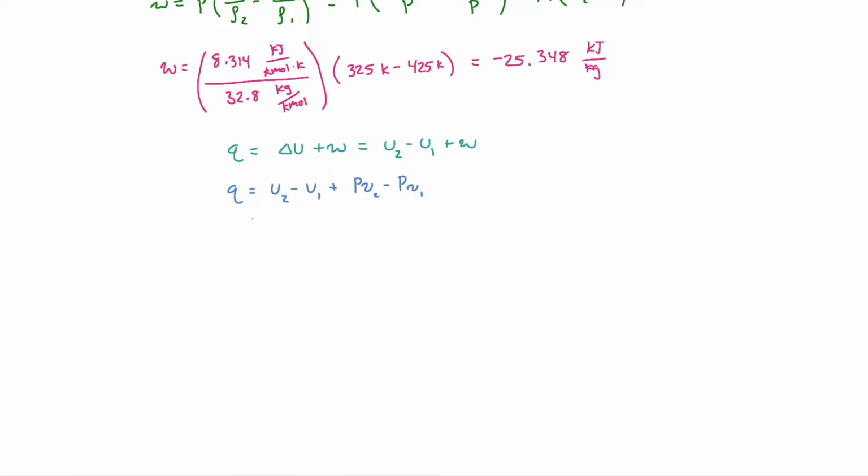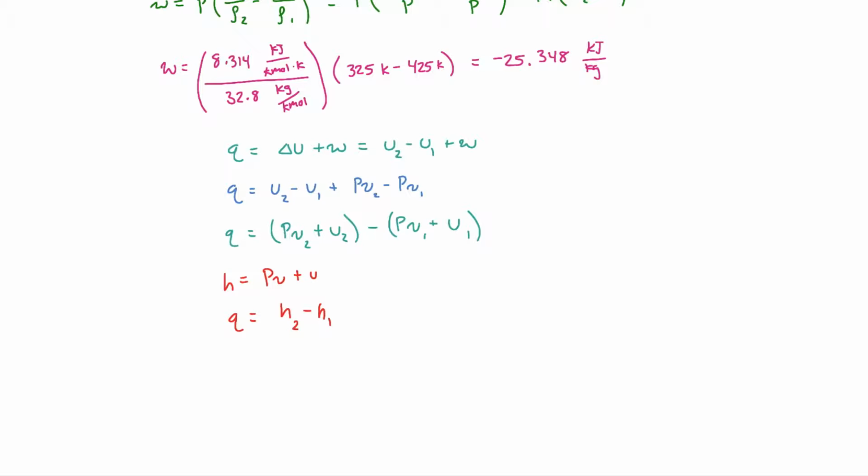And then I'm going to rewrite this so it may look a little bit more familiar to you. You should probably at least remember this when I say it, that enthalpy is defined by pressure times specific volume plus the specific internal energy. So this is specific enthalpy. What that means is that we could simplify this equation even more by saying this is H2 minus H1.